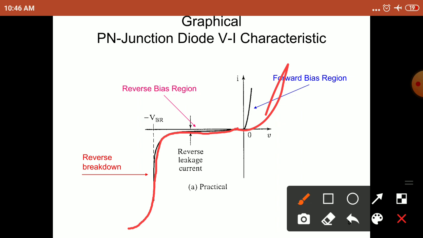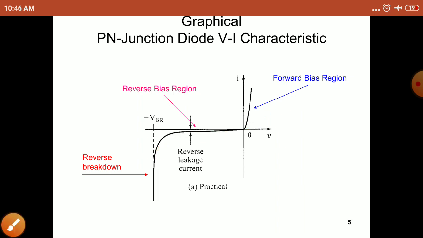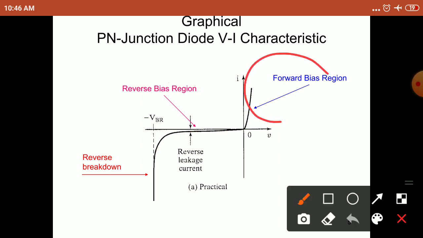The reverse current flows due to the reverse operation of the switch, that is why it is called the reverse bias region. So this is the forward biased region, and this is the reverse biased region.